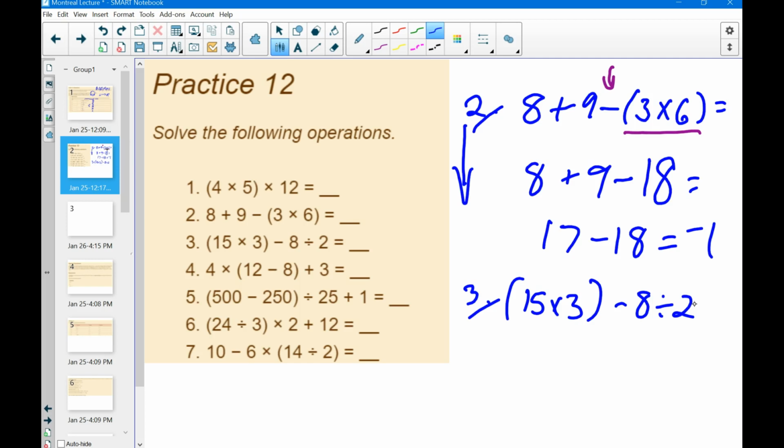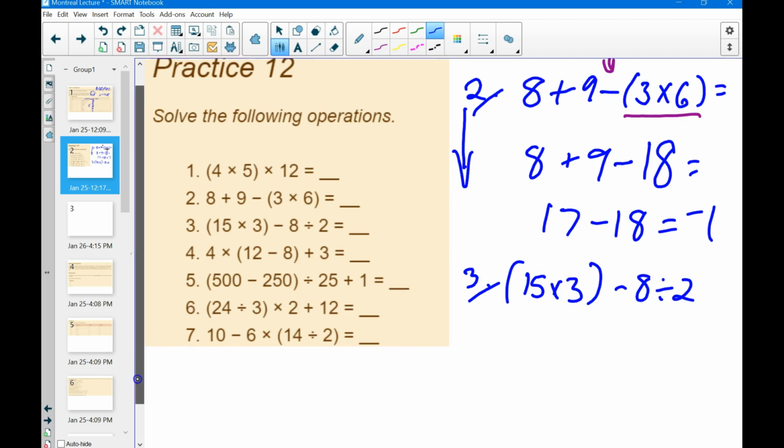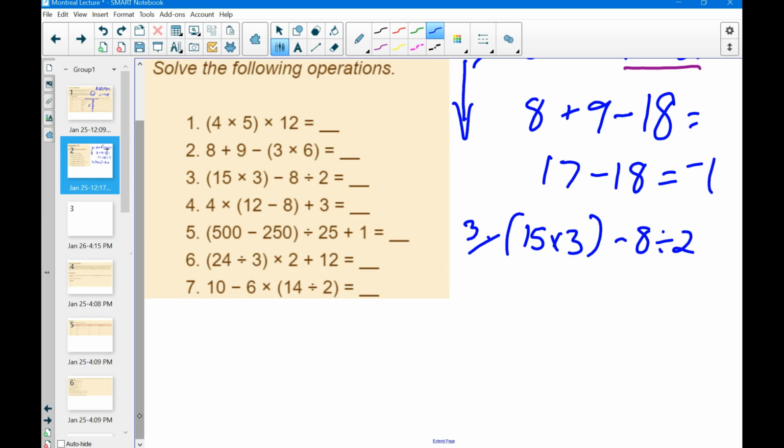Same as before. So, we're going to do brackets first, which is 3 times 15. 3 times 15 is going to give us 45. Minus 8 divided by 2.